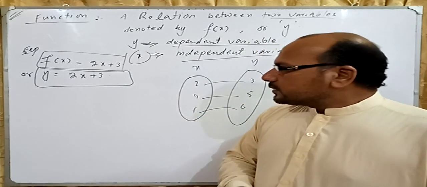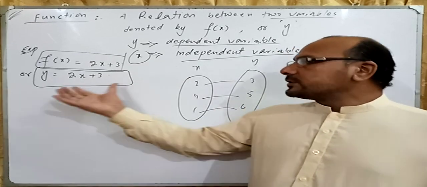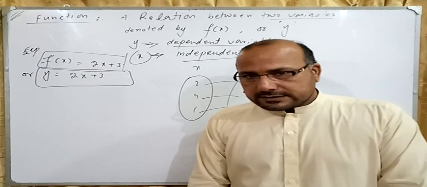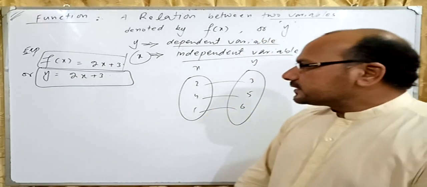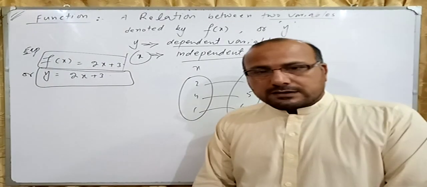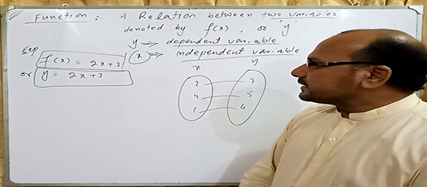So here also, function is a kind of equation, but here we are discussing the linear function, the function in which the dependent and independent variables have degree 1, and that is basically called a linear function.